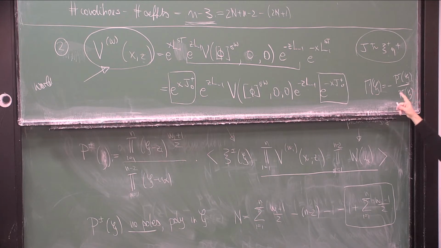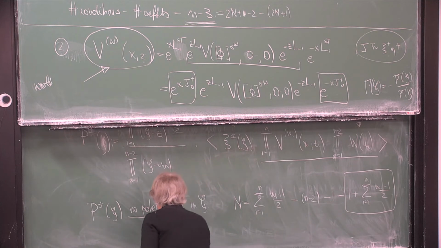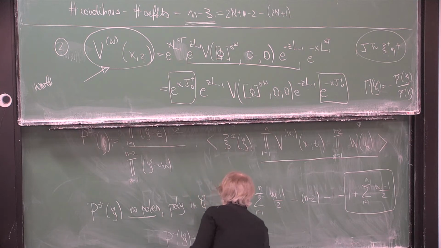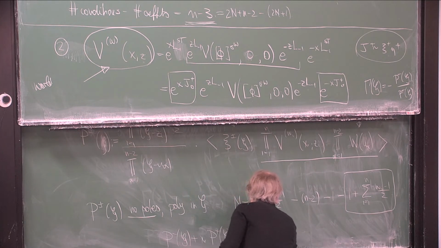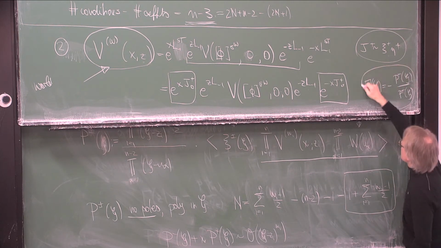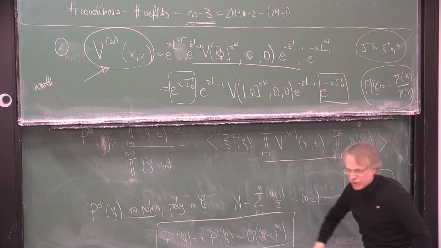The condition was that p minus of zeta plus xi p plus of zeta has to go like the order of zeta minus zi to the wi. That was the way I characterized the covering map. I said it had to be a ratio of polynomials, and these two polynomials had to satisfy all of these conditions.